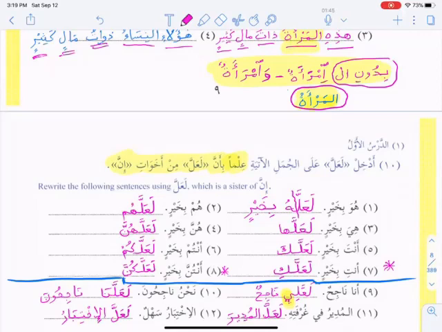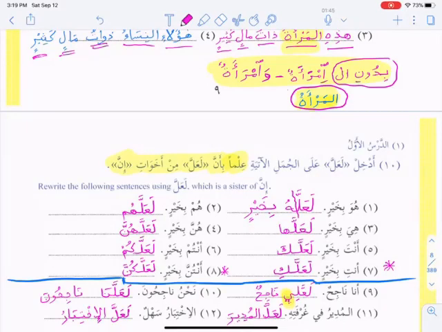Just say, this is la'alla, and its ism is mansub, and the khabar is bi khairin. It has to be marfu, so we can say fi mahali raf'in marfu, but don't worry. Just practice and translate, my brother and sister.